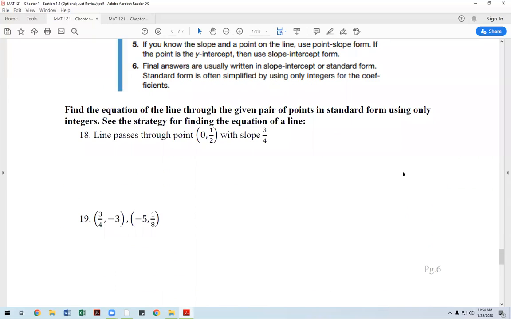Now, this is kind of, Levi, what I was talking about. So now if you have only 2 points given to you, no slope, where would you start? You do want to start by finding the slope. Yeah, so the first thing you would actually do is go back to the slope formula, which you remember was m equals y2 minus y1 over x2 minus x1.